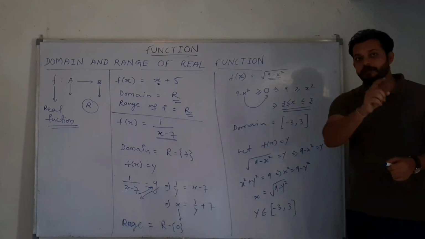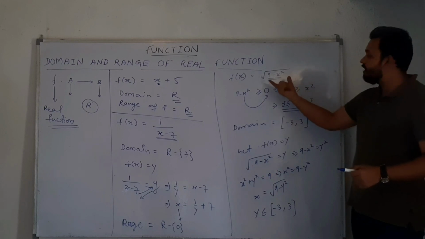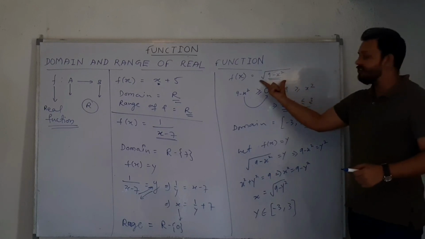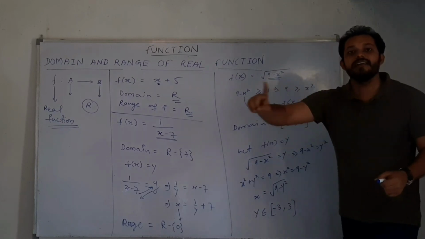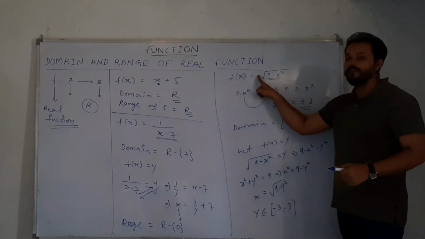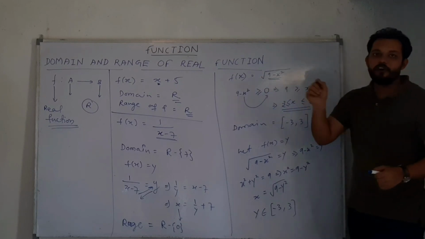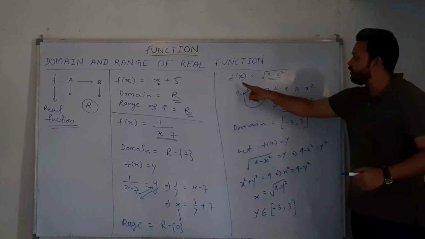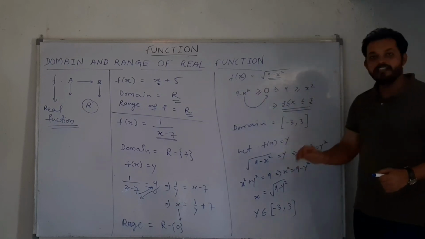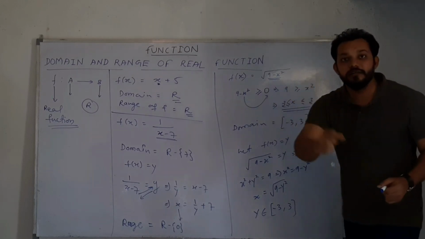But we have to keep in mind that we cannot get a negative value from this function. Hence the value of this function can never be negative, because there is no negative sign in this place, and we never get a negative value from the square root function. Hence the value of y, that means f(x), is not possible to have a negative value.